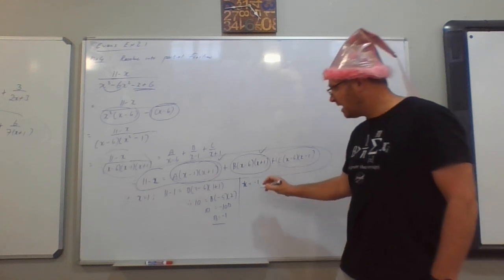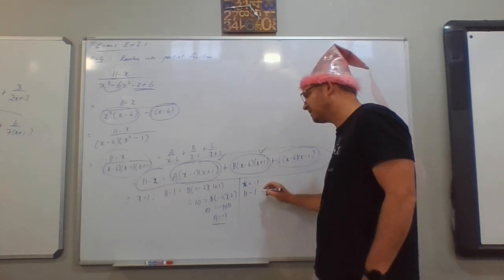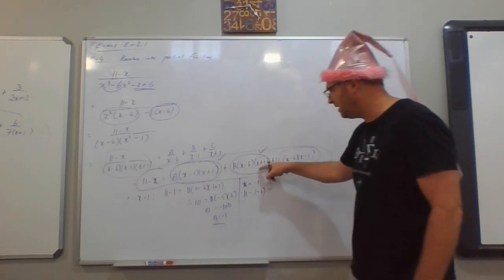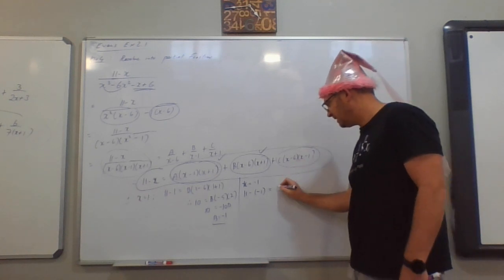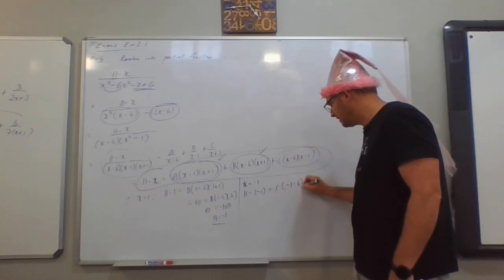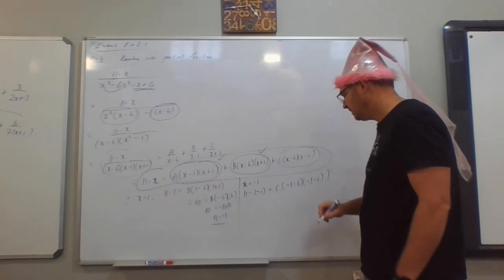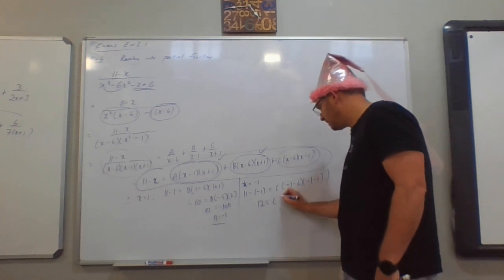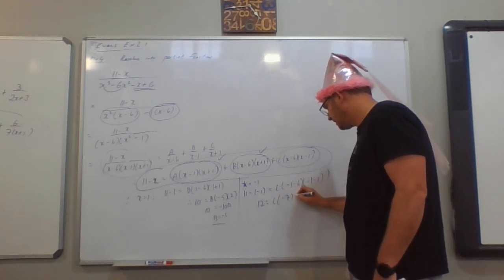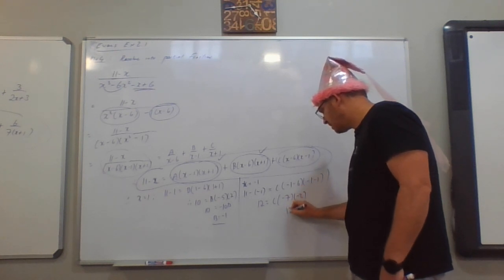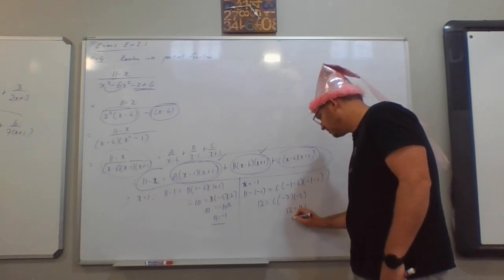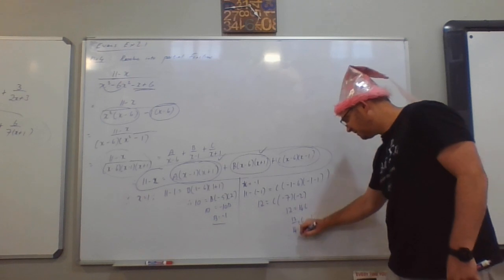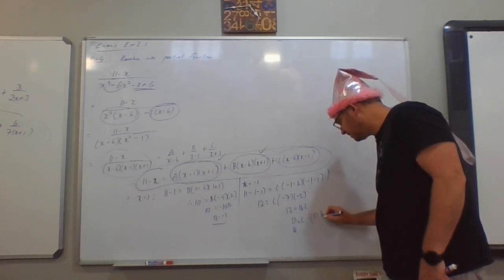So if I sub in there, I get 11 minus negative 1, x is equal to negative 1, poof, that's gone, and here you're going to get c(negative 1 minus 6)(negative 1 minus 1), and so I get 12 is equal to c, and I'm going to end up with negative 7 and negative 2, so I get 12 is equal to 14c, so 12 over 14 is equal to c, which simplifies to 6 over 7. So therefore c is equal to 6 over 7.